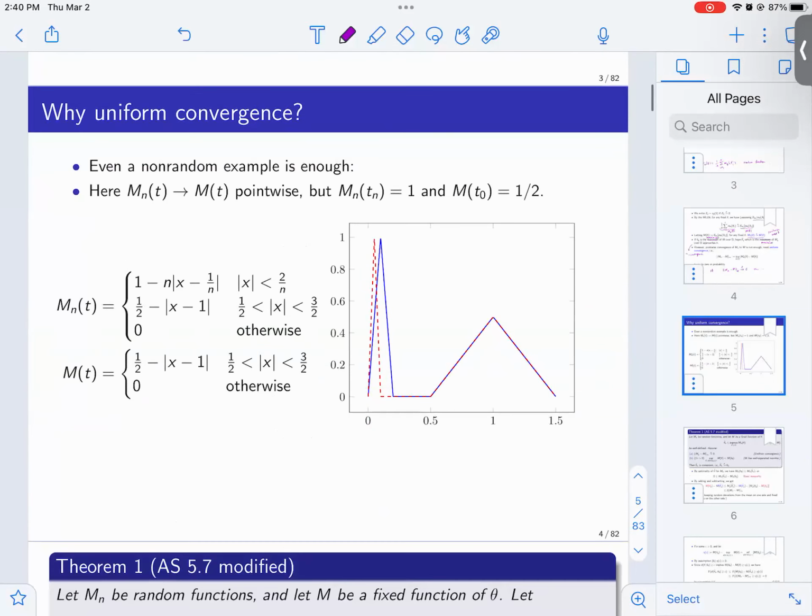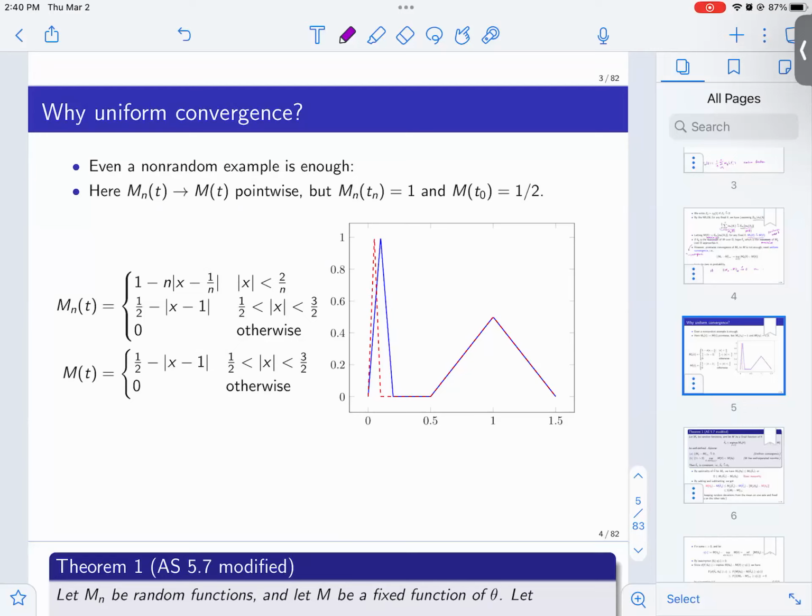So here's a very simple example we can go through quickly. I have this function, which you can write mathematically, but there's a little peak here that's getting narrower as I increase n, and there's a peak that remains fixed.